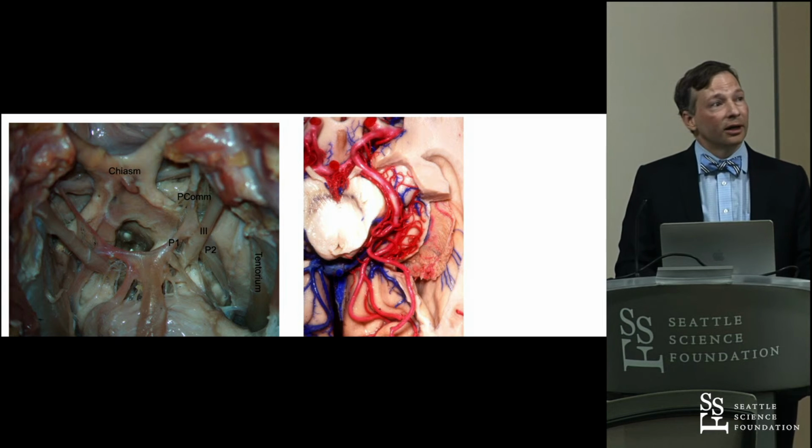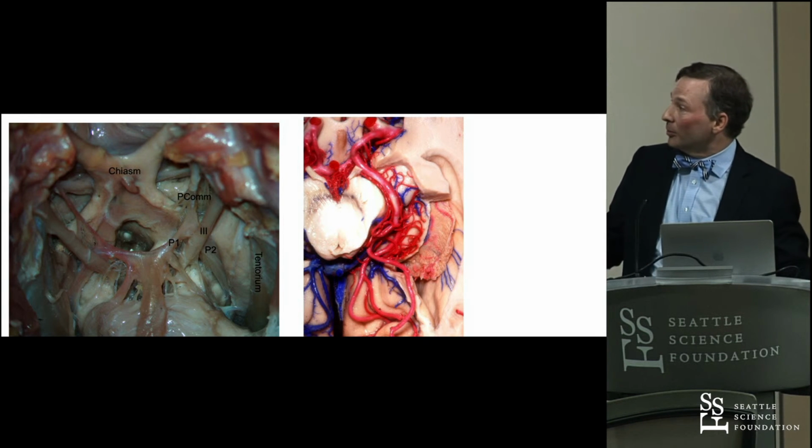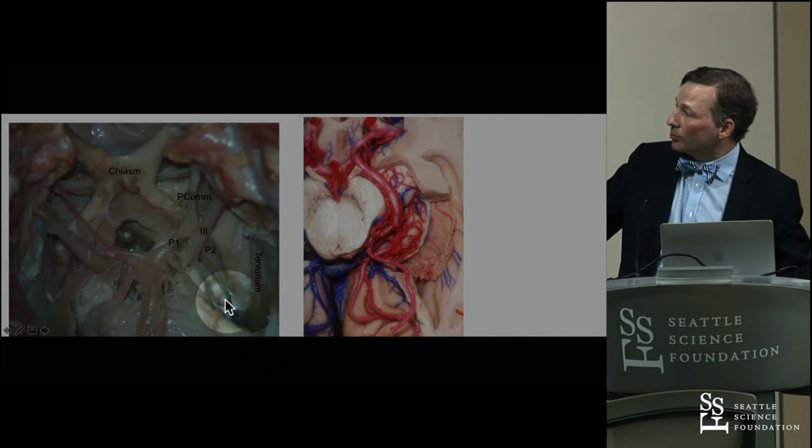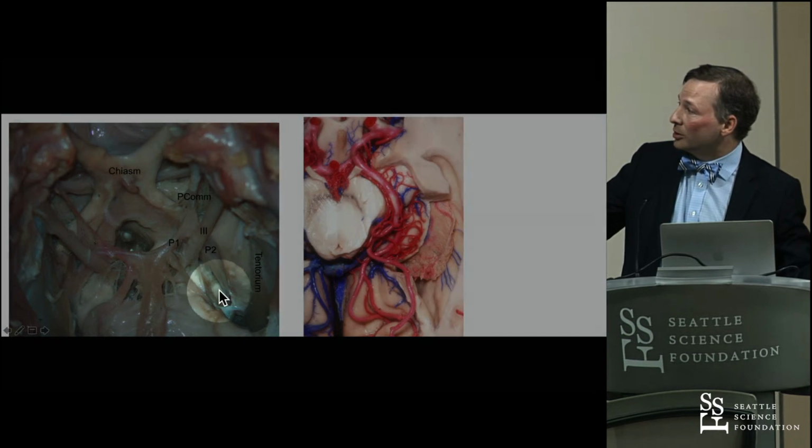This is another inferior view where we've removed most of the skull base, and it nicely shows the oculomotor nerve relationship. Just here we see the PCOM, and then posteriorly this is our P2 segment.